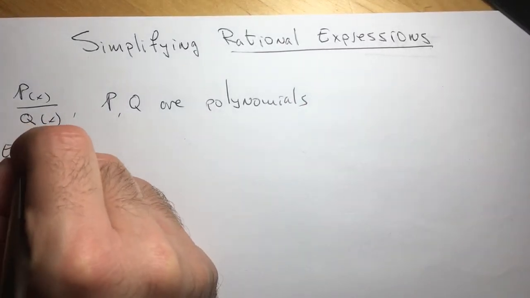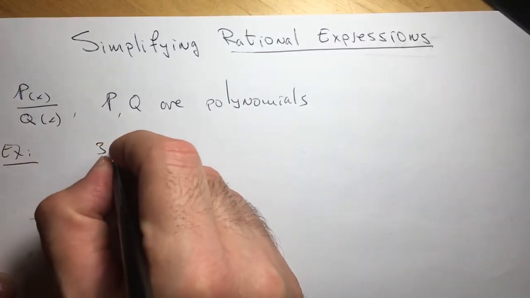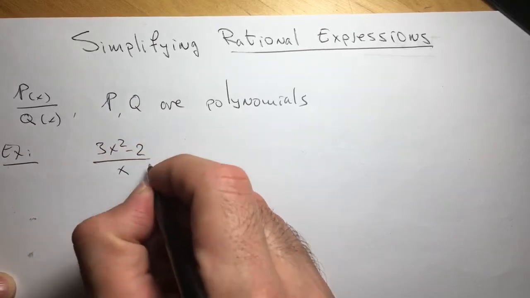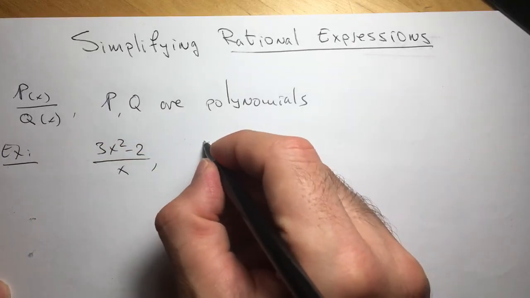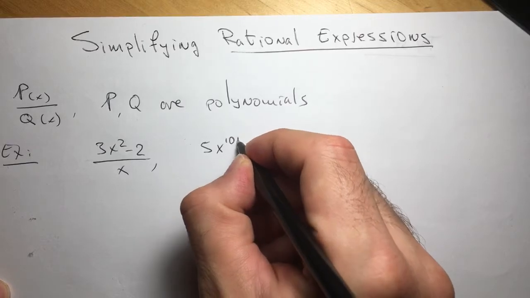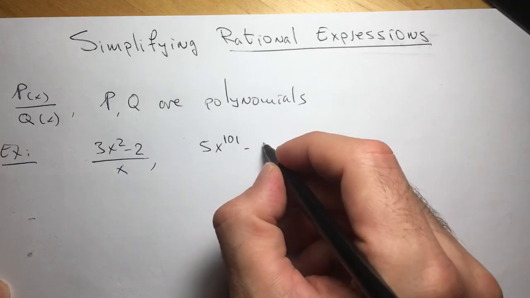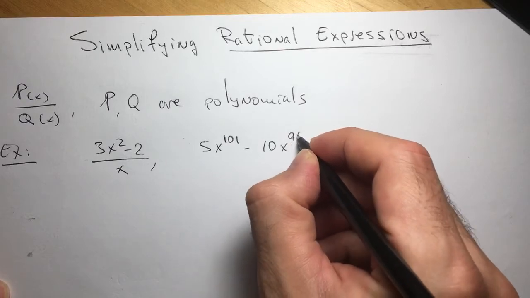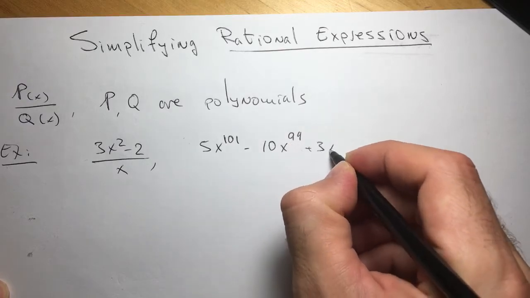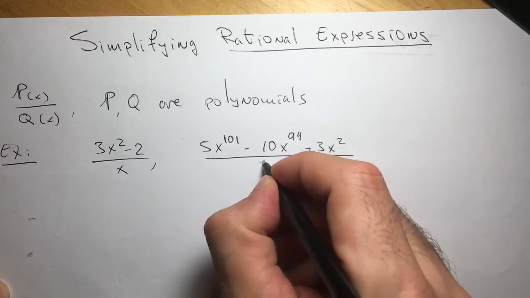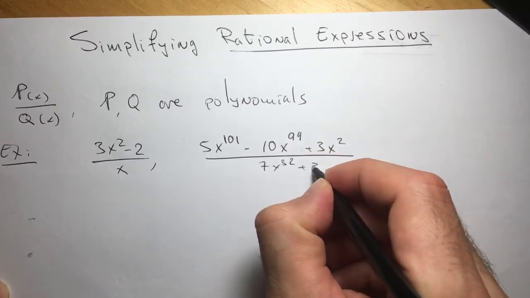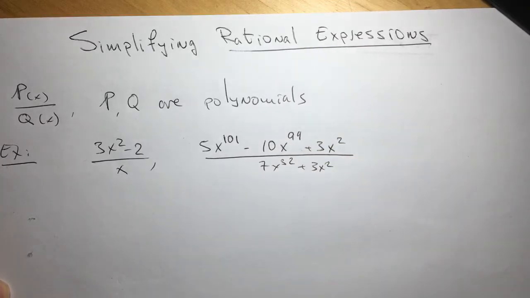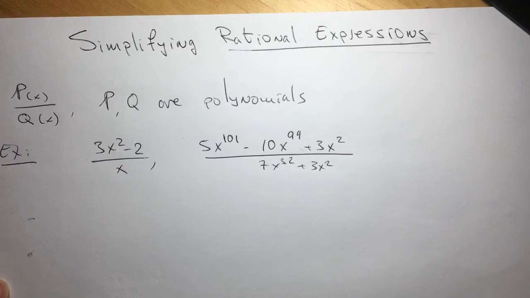For example, 3x squared minus 2 over x, or 5x to the power 101 minus 10x to the power 99 plus 3x squared over 7x to the 32 plus 3x squared, and so on and so on.